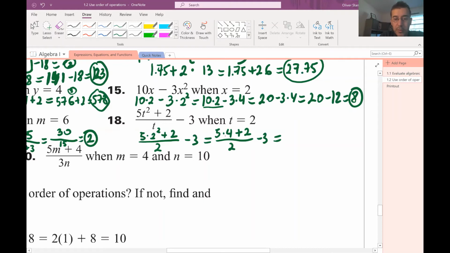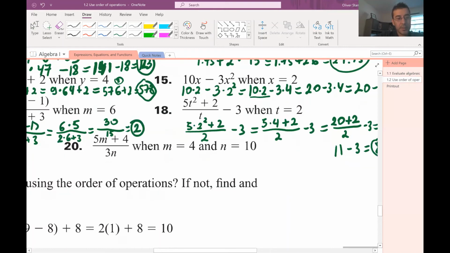So we're going to do 5 times 4, multiplication first, then addition. So 5 times 4 is 20. So we have 20 plus 2 over 2 minus 3. 20 plus 2 is 22 over 2 minus 3. 22 divided by 2 is 11, or you can cancel out by 2, same thing. So 11 minus 3 is 8. Okay, so 18 is 8.